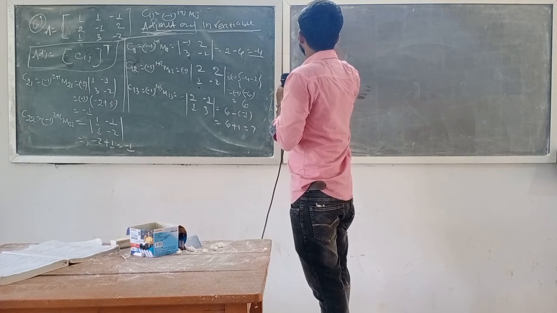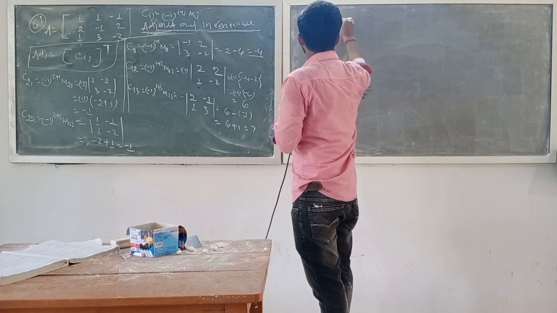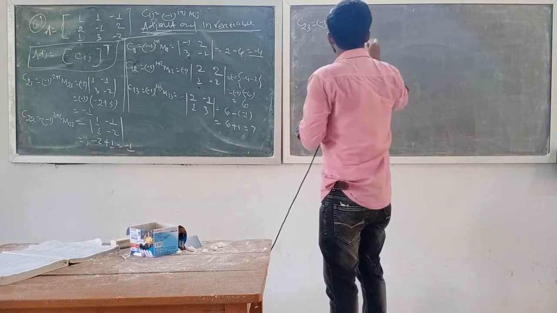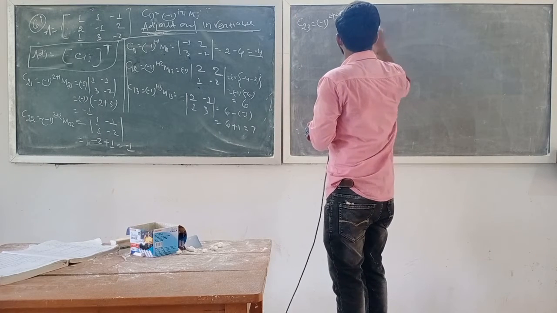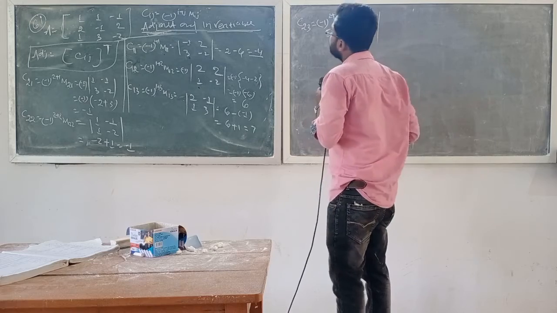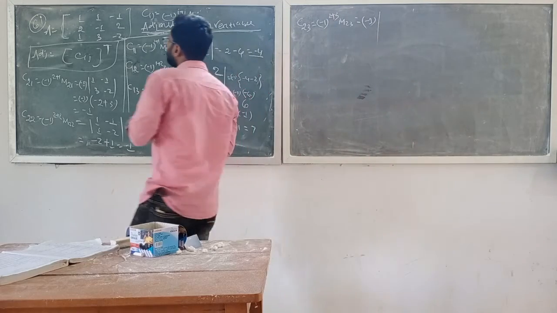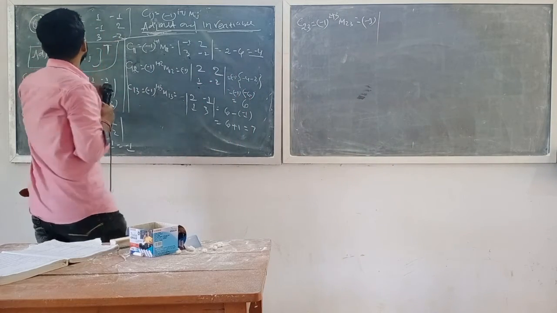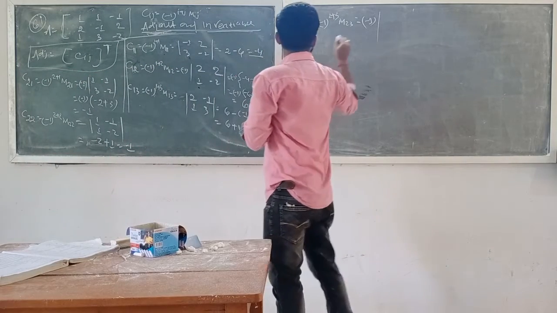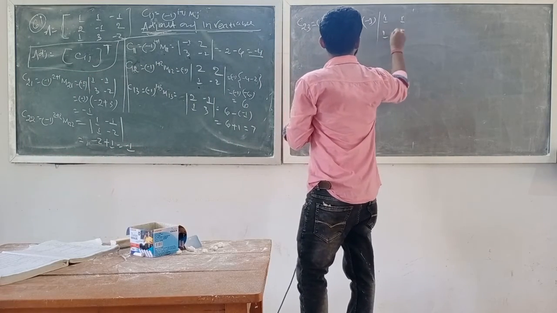Similarly, C23 is -1 to the power 2 plus 3 into M23. So -1 to the power 2 plus 3 is -1. M23 is deleting the second row and third column. The remaining elements are 1 1, 1 1 3.